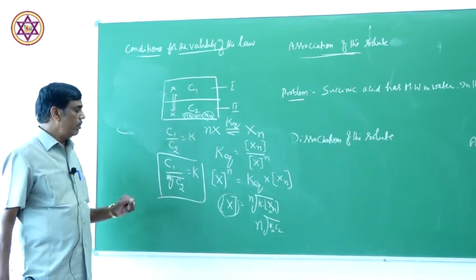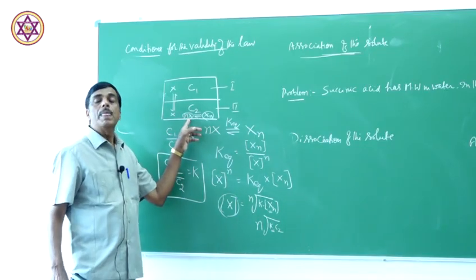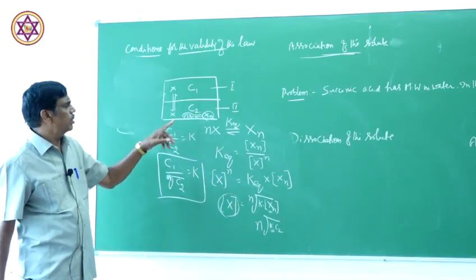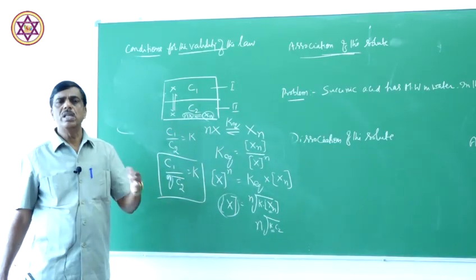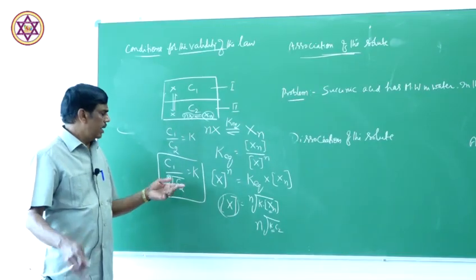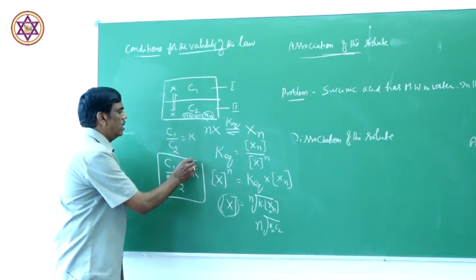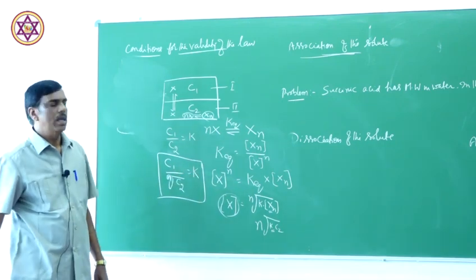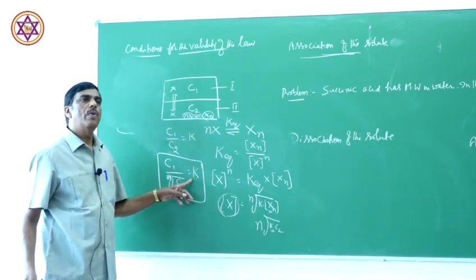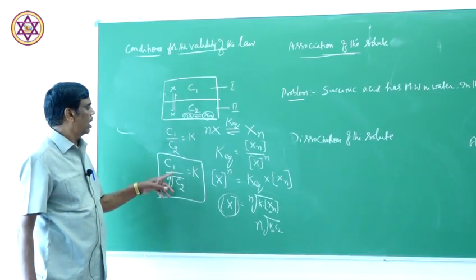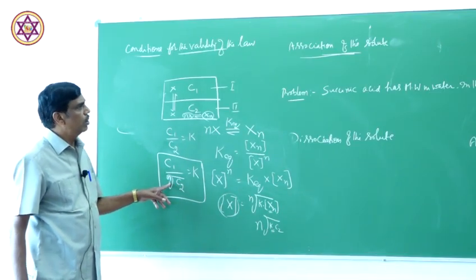When n molecules undergo association, the value of n may be 2 or 3. If dimerization takes place, n is equal to 2; trimerization, n is equal to 3. So, C1 by the nth root of C2 is equal to K. This is the Nernst equation for a system where there is association in one of the solvents.